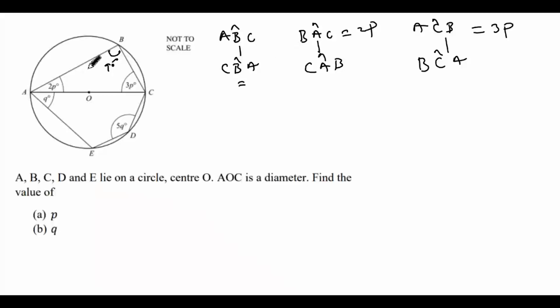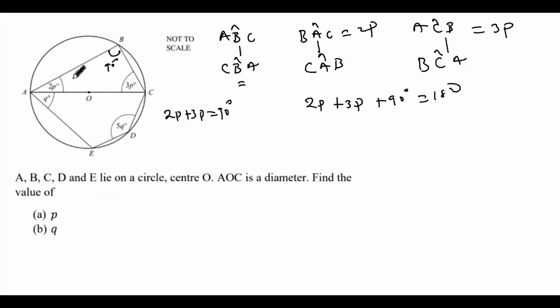From this, I know that I have three angles in a triangle, and I know that they add up to 180 degrees. So I can say 2P add 3P, add 90 degrees equals 180 degrees. And if you want to add these two angles alone, you may say 2P plus 3P equals 90 degrees.